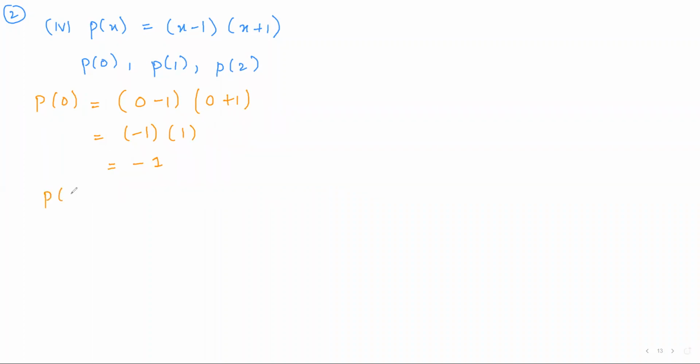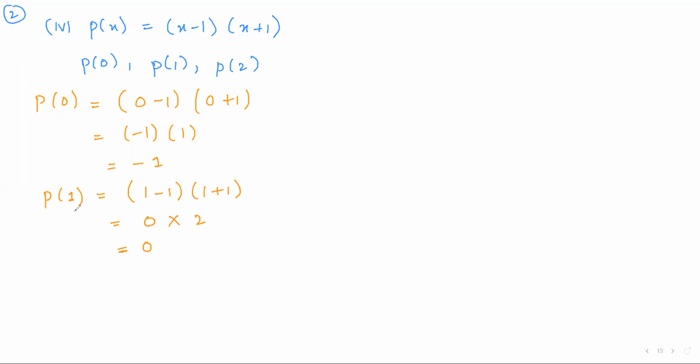Now find P at 1. Wherever you have x, put 1. So 1 minus 1 and then you have 1 plus 1. 1 minus 1 is 0 into 2, that becomes 0. So can I say x is equal to 1 is one of the roots or zeros of the polynomial?